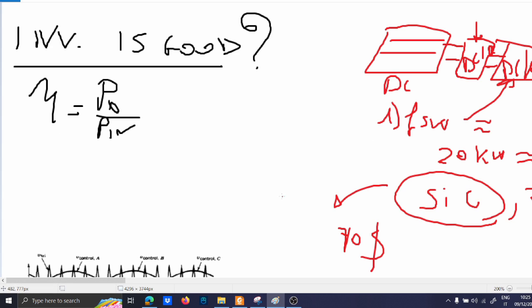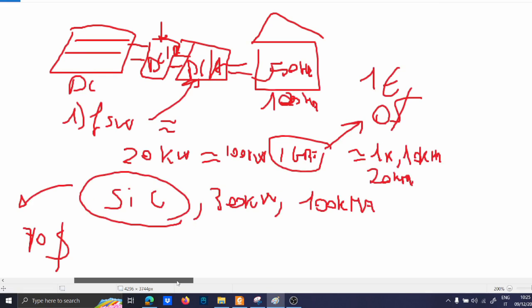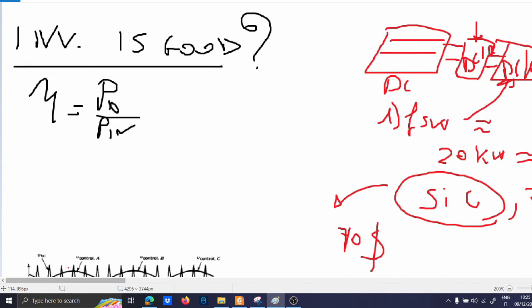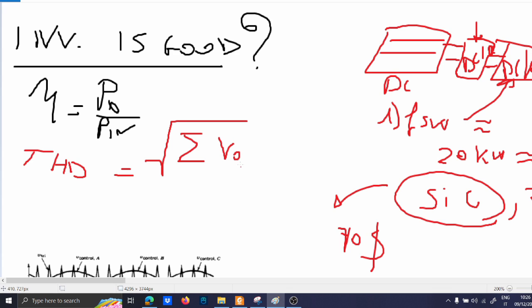And you want to know how much frequency garbage you get on the output, so you need to study the harmonics. A factor is the THD, the total harmonic distortion, given by the square root of the sum of every harmonic aside from the first, V_o,n squared over V_o,1.